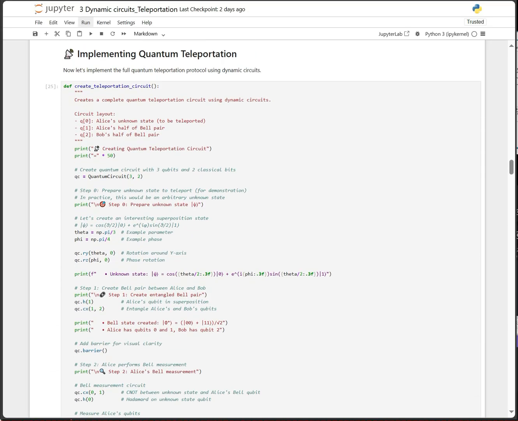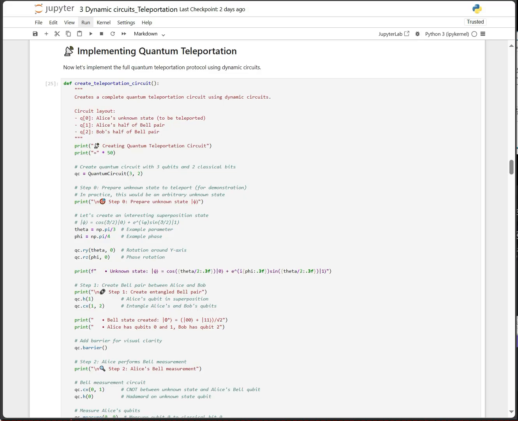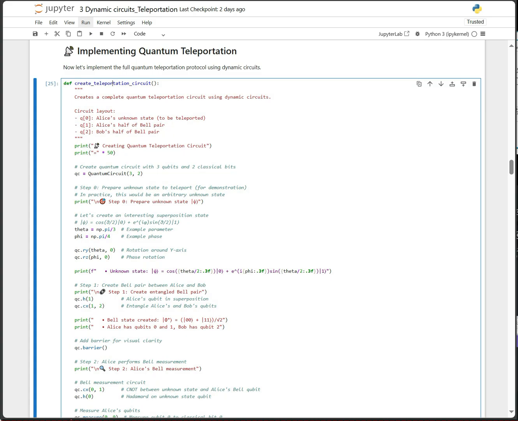So going a bit further, to implement the quantum teleportation, you just need to define at least 3 qubits. So this protocol is going to be defined in this function create teleportation circuit, which creates a complete quantum teleportation circuit using dynamic circuits.